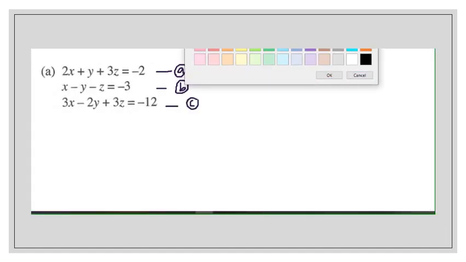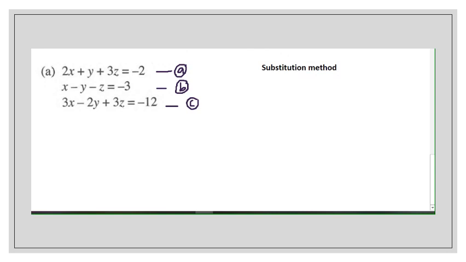Hello class. Now we are in our next slide to solve question number 2a by using the substitution method. Now we are doing our simultaneous equations for 3 equations, A, B and C. Just now we used the elimination method.